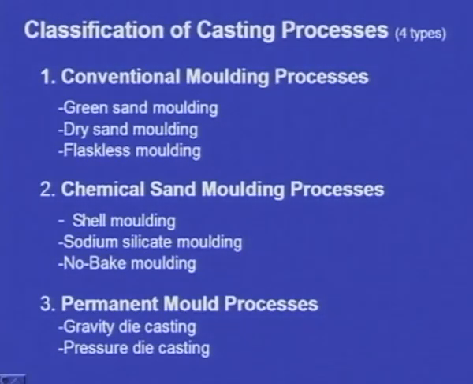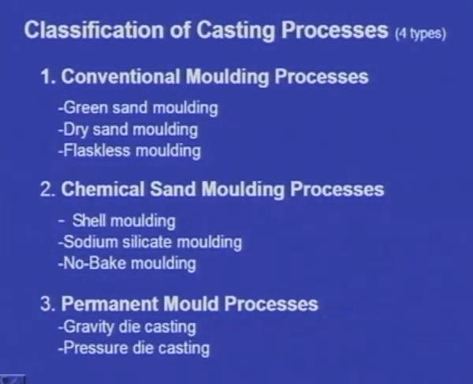This carbon dioxide hardens the mixture. And we have seen no bake molding, in which without any baking, within a few minutes the system hardens. We use urethane and fine silica sand.